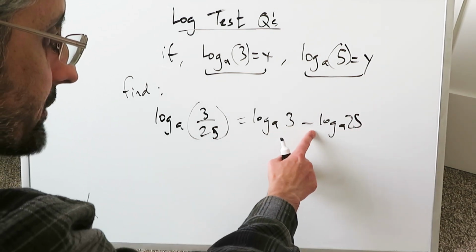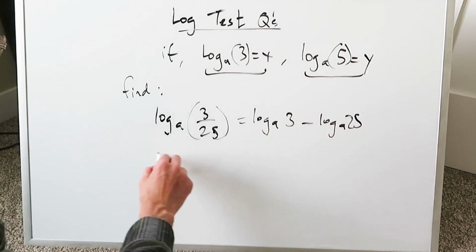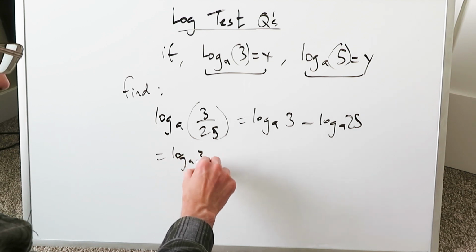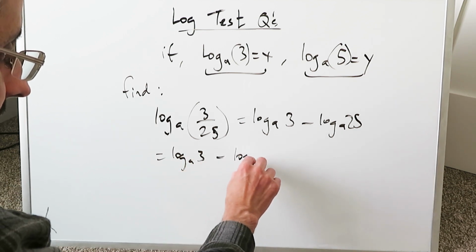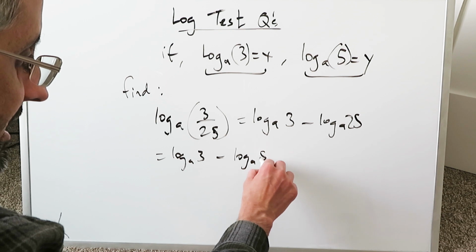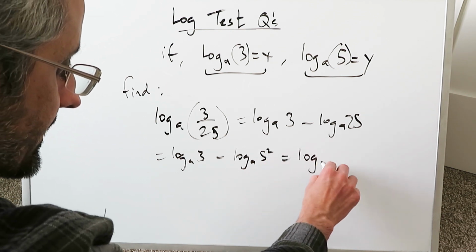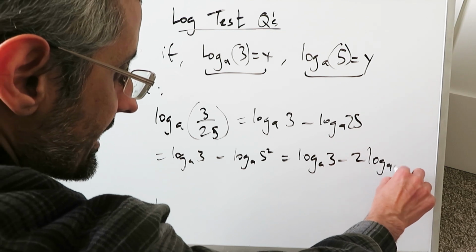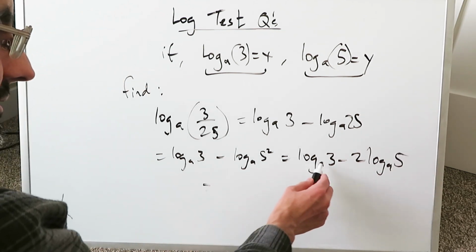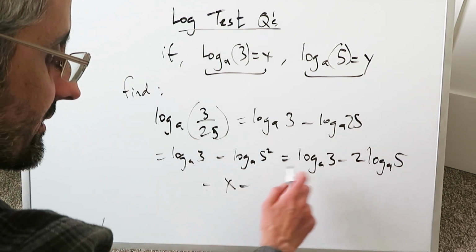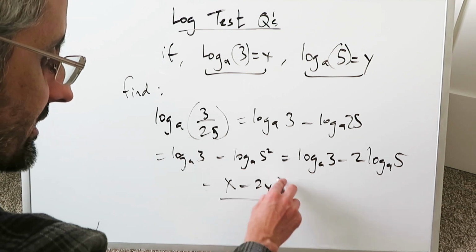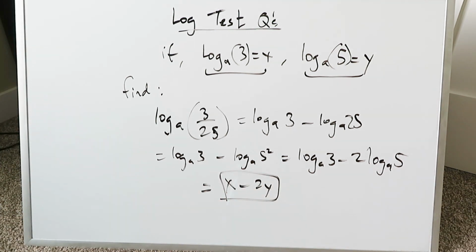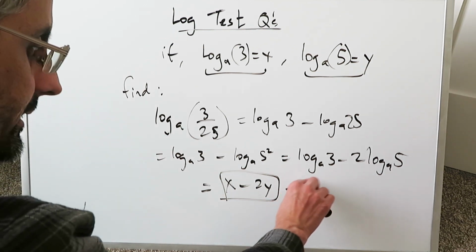Log base a of 3 minus log base a of 25, which is coming from a square, log base a of 5 squared, which again, as you know now, is equal to minus 2 log base a of 5. Now you know this right here is equal to x, but this right here is equal to 2y. So x minus 2y would represent the answer to this specific expression over here, and it would be right.